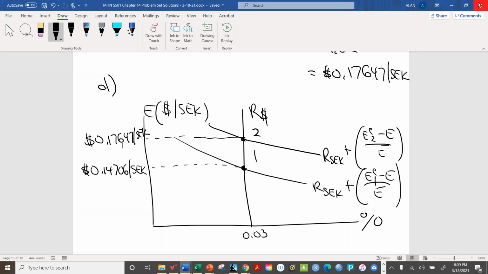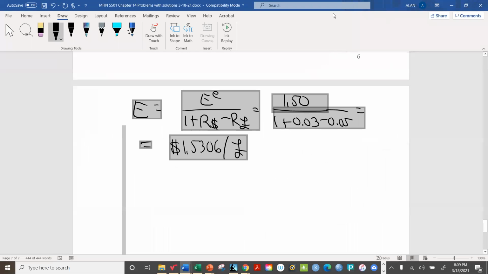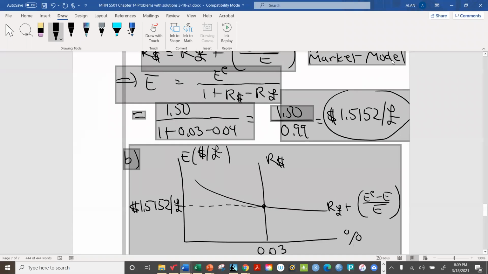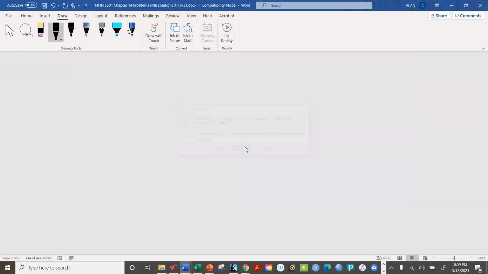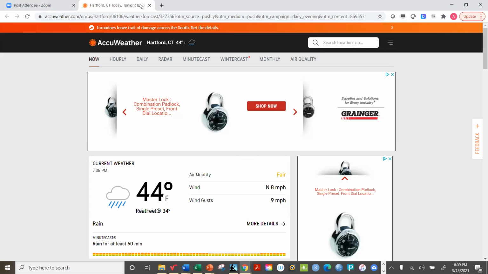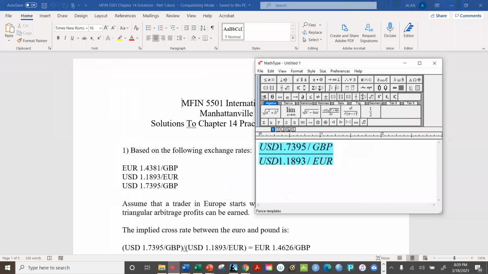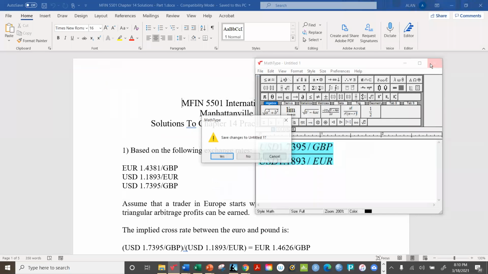Okay, that looks good. Now we can get rid of this one. All right, we can get rid of the weather, which forced itself on us. And now we can go back and get chapter 15.